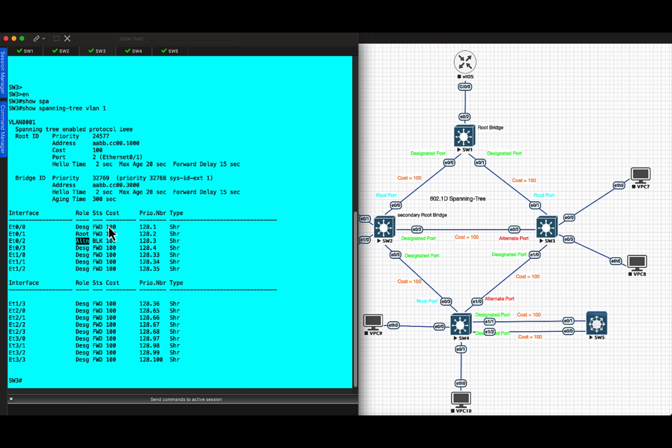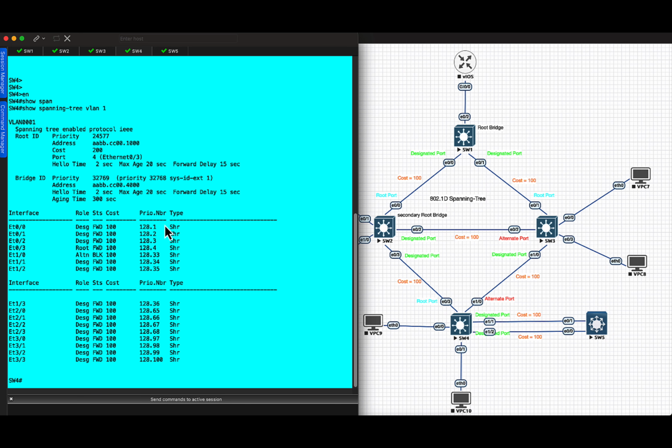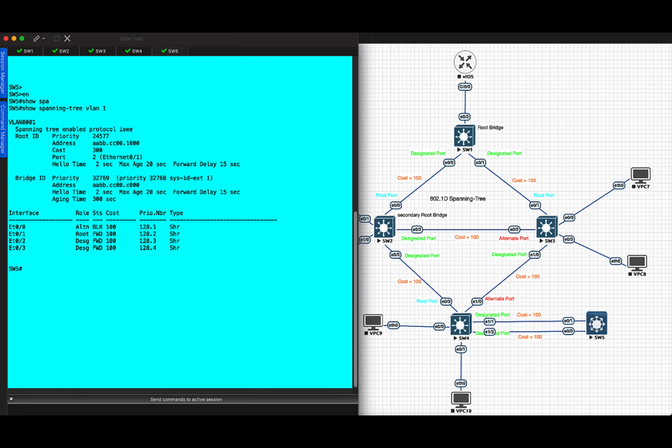It's all about the selection process. Okay, we do 4. Again, 4 has one interface with the root role, and also has alternate and designated. Go to 5. 5 again has one interface dedicated to be a root port role, designated, and alternate.